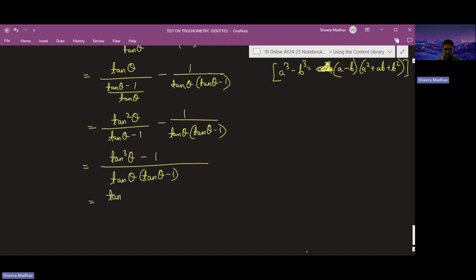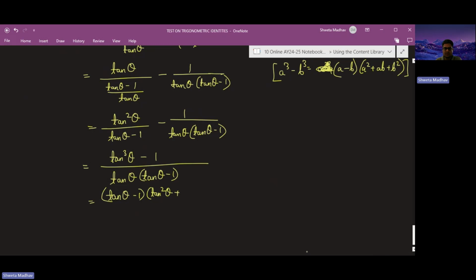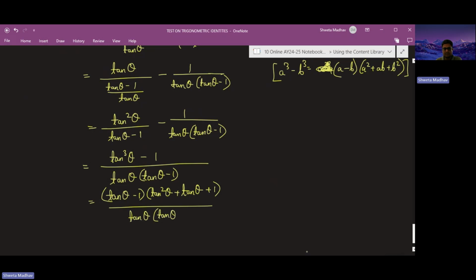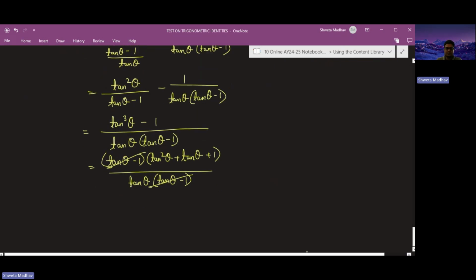So this will be tan theta minus 1 into tan square theta plus tan theta into 1, that is tan theta, plus 1, divided by tan theta into tan theta minus 1. So this tan theta minus 1 will get cancelled, and then we will have tan square theta plus tan theta plus 1 divided by tan theta.